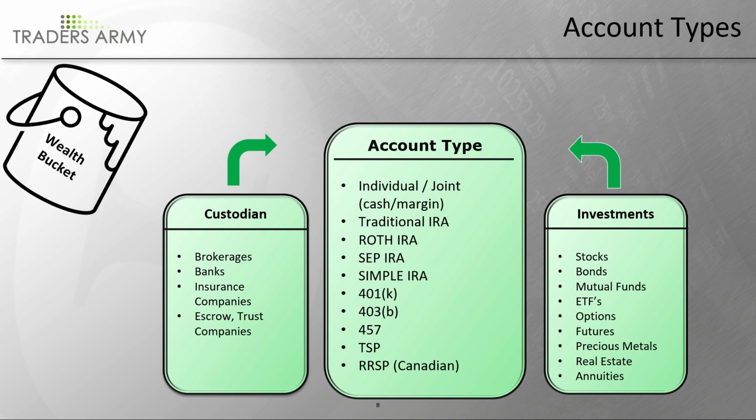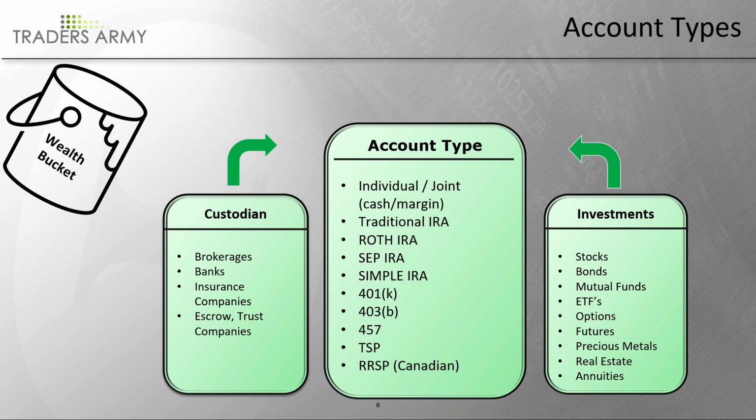Now, the Roth is different than the traditional IRA, and we'll talk about what those differences are in a few minutes. But we have to understand that a 401k can be a traditional or a Roth. So 401ks, 403bs, 457s can be either traditional or Roth, but they are essentially just different types of IRAs.